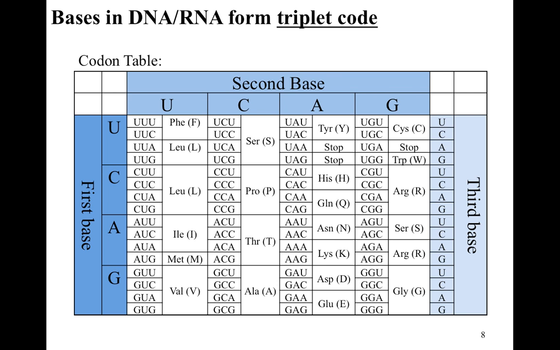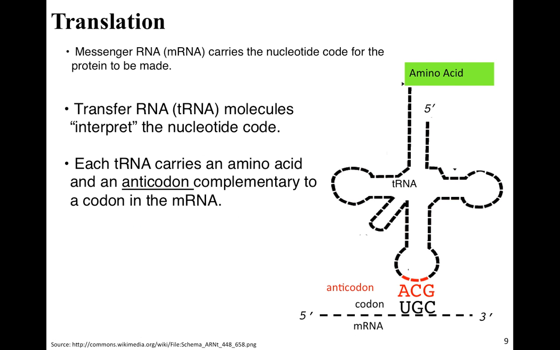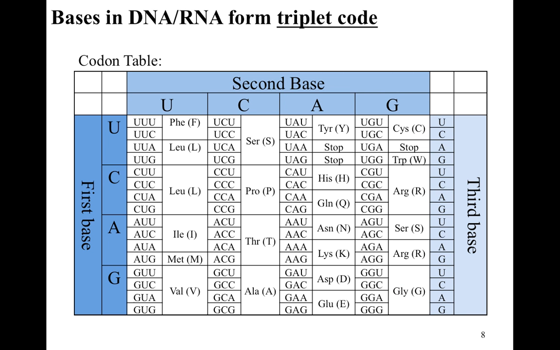What you do is you look on the left-hand side for your first base letter, then you go along the middle for your second base, and then you go up and down again for your third base. What you will notice is that multiple codons code for the same amino acid, and they tend to be very similar.